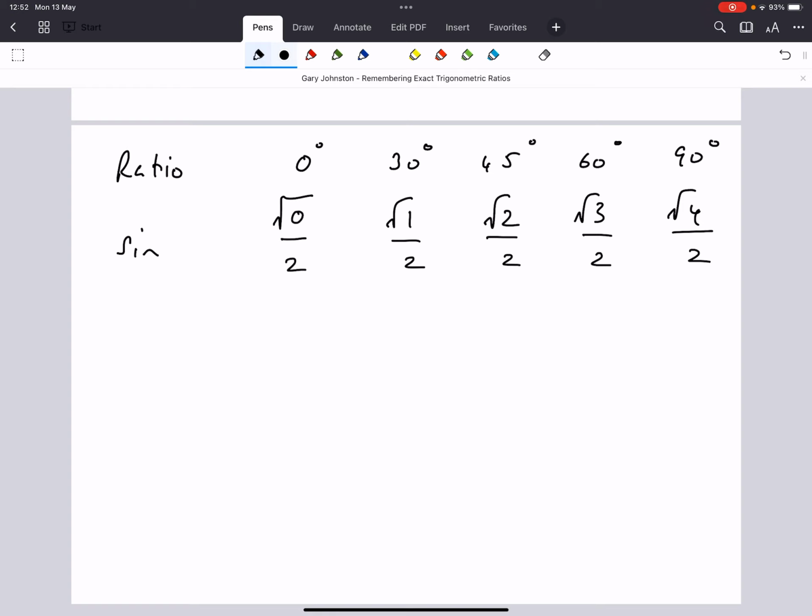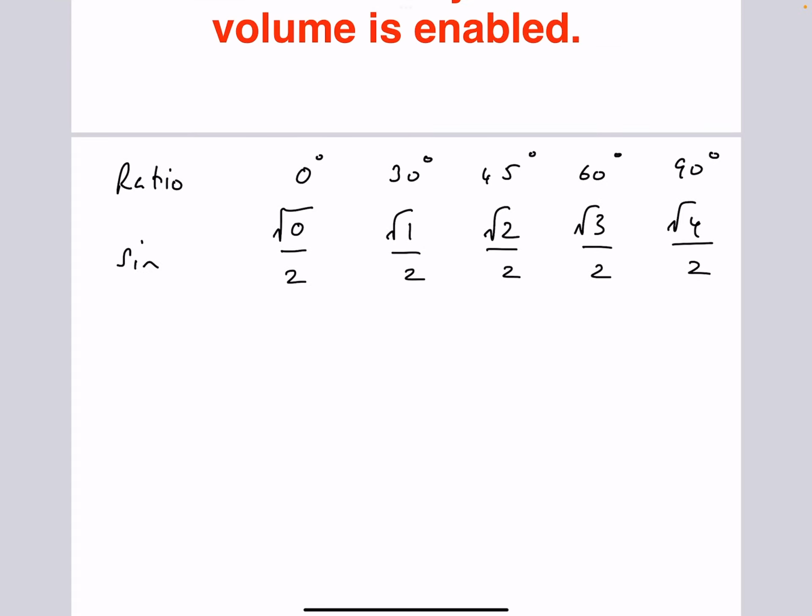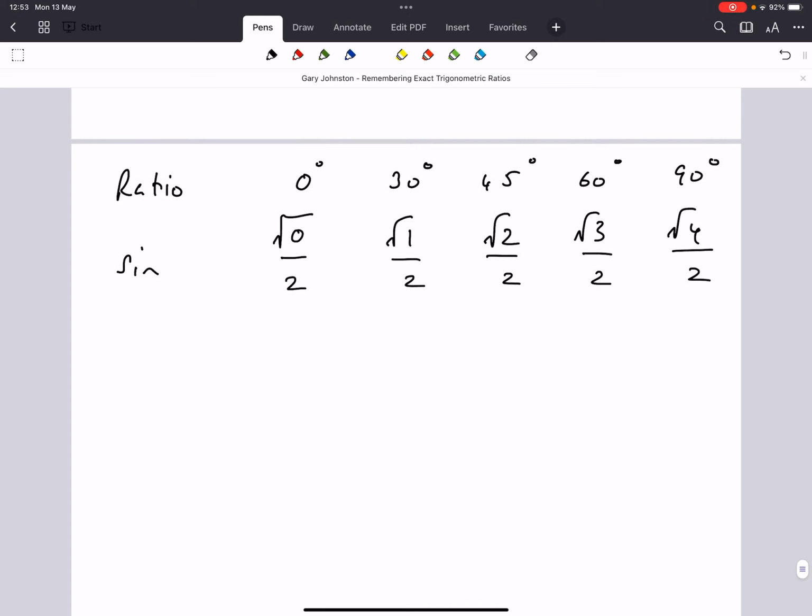But if you want to simplify them, because you might be asked to do so in a question, then let's write out another line, which we're going to call sine as well, because it's the same ratio, but simplifying. So the first thing we've got is the square root of 0. Now the square root of 0 is 0, and 0 divided by anything is still 0.